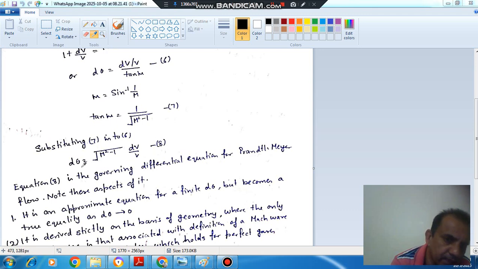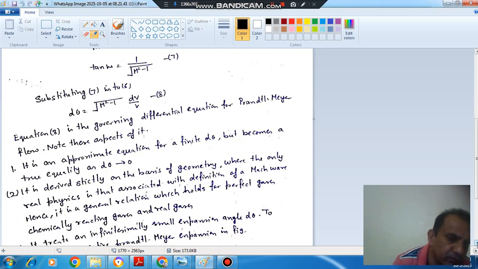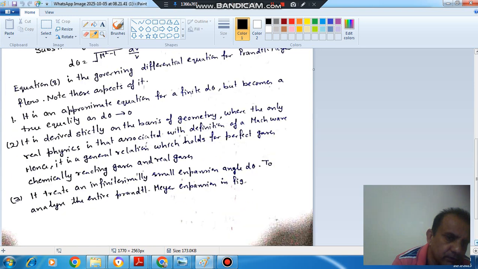And as d theta is small, it is an approximate equation for finite value of d theta, but for small value of d theta it is valid, and it is derived based on the geometry as we have derived. So it is derived strictly on the basis of geometry, where the only real physics is restricted to the definition of a Mach wave. Hence it is a general relation which holds for perfect gas, chemically reactive gases and real gases. So it is valid for all these.